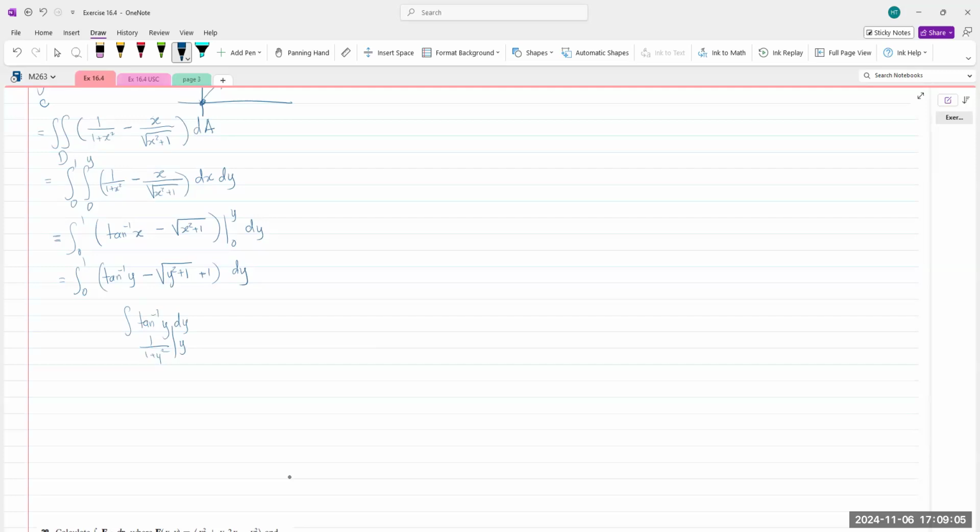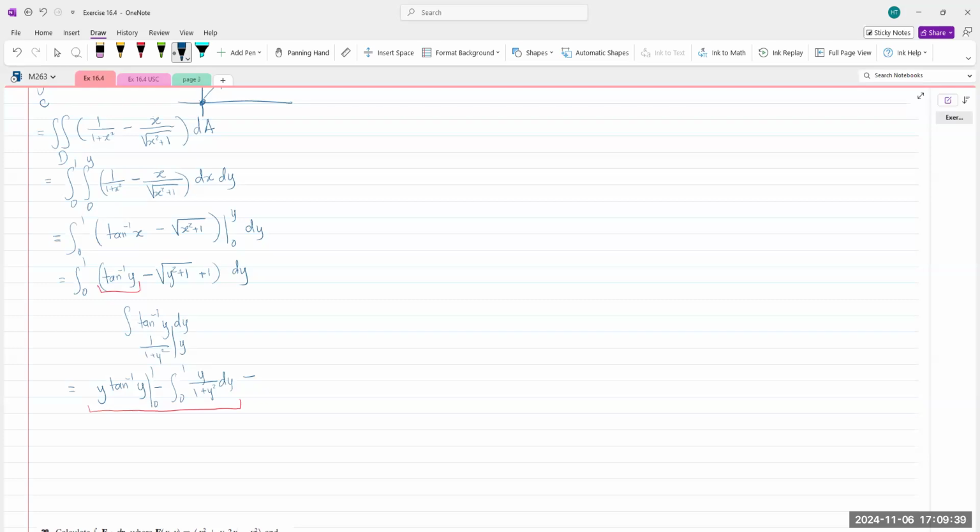So the first integral will be y tangent inverse y, from 0 to 1, minus the integral from 0 to 1 of y over 1 plus y squared dy. That's for this part. This integral gives us this.